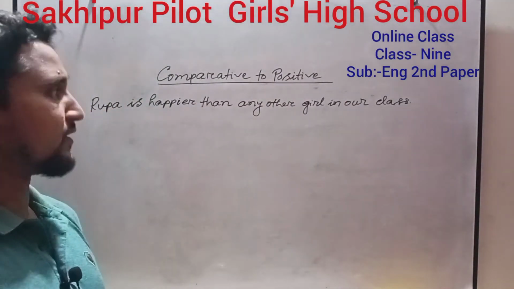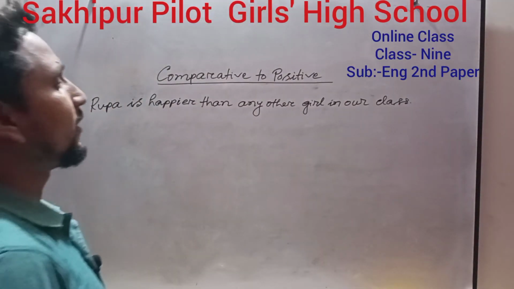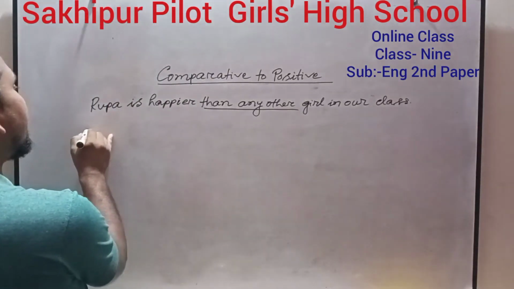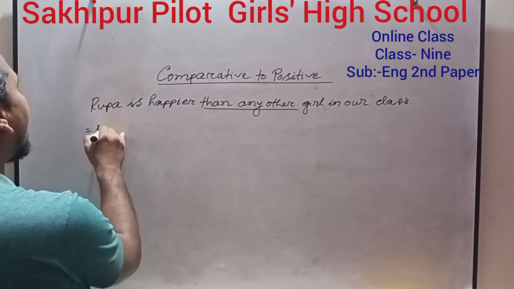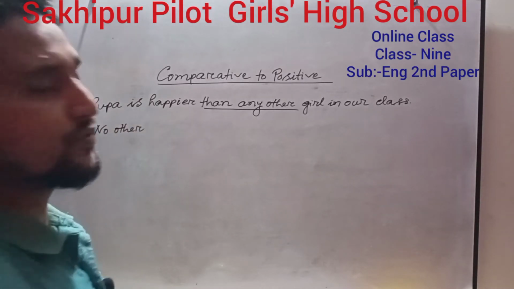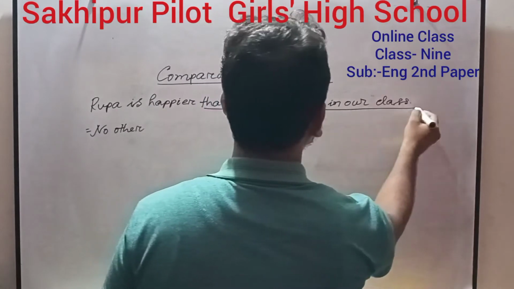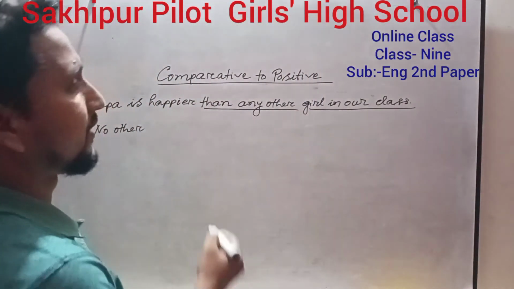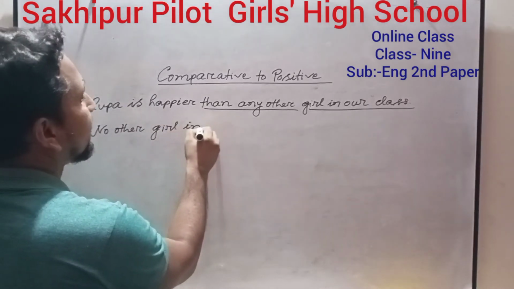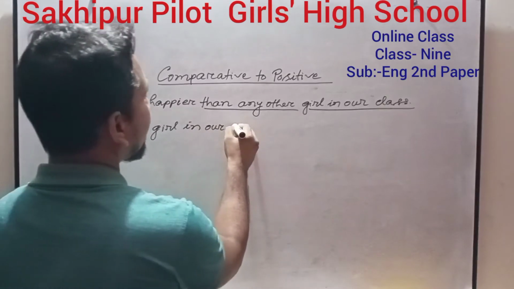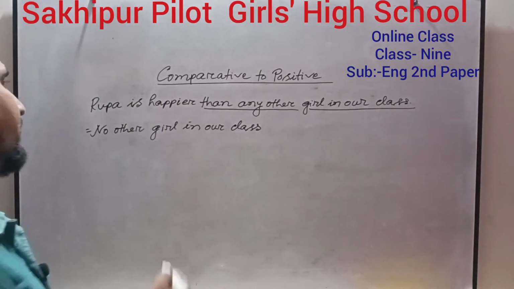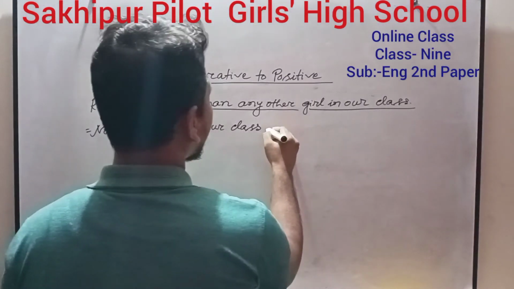If you want to change this sentence into positive degree, you have to write at first "no other", the feature of positive degree, instead of "than any other". Then you have to write after "than any other" up to the last, girl in our class. Then you have to write the verb after the subject, is.